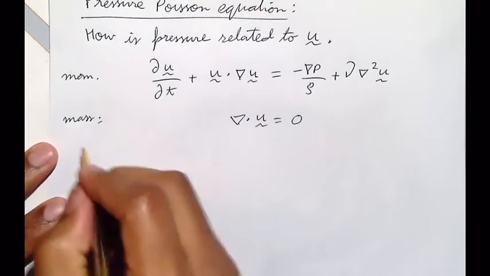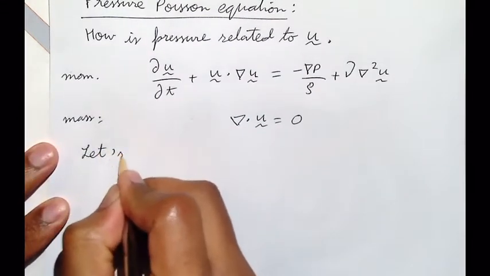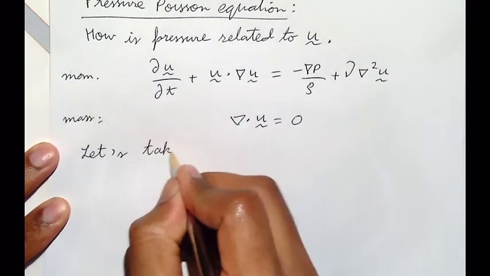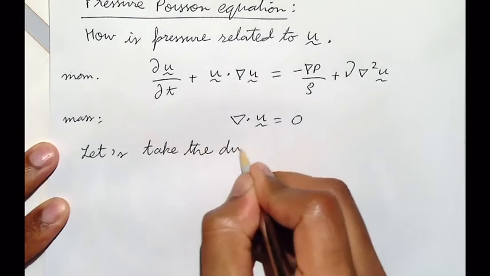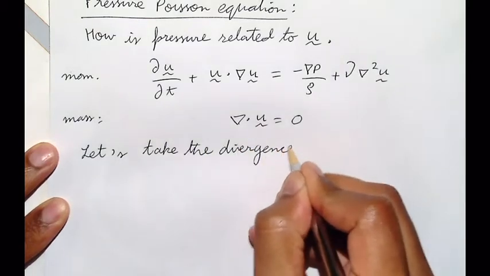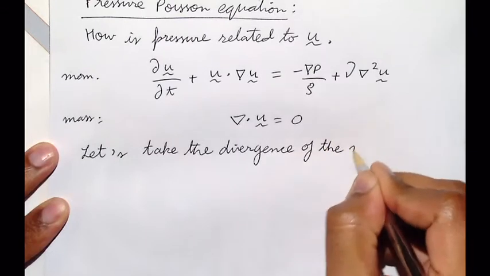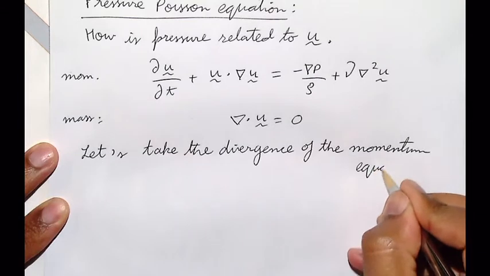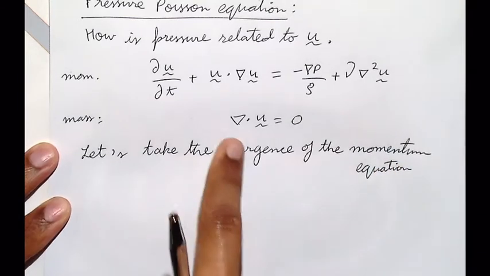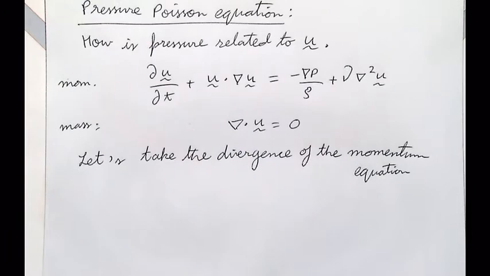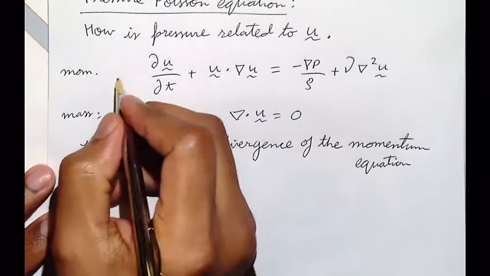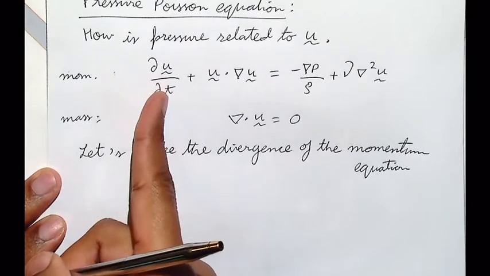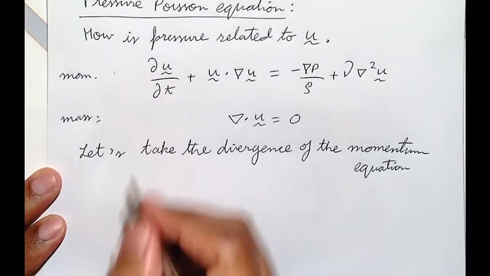So let's take the divergence of the whole conservation of momentum equation. Let's take the divergence, and the divergence operator is just nabla dot. Okay. So what should we do? Let me just do it here.